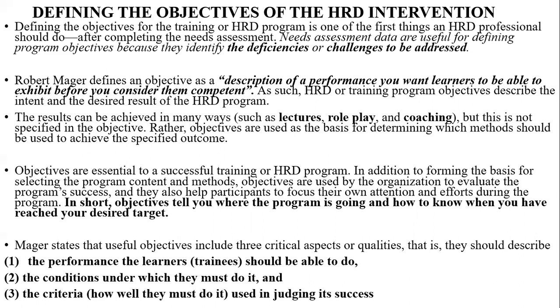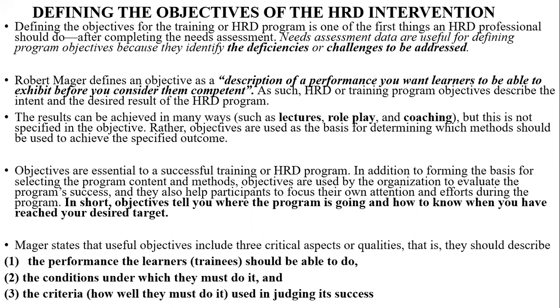This means that the objective must be properly stated so that at the end of the program, it can be evaluated accordingly. So in short, objectives tell where the program is going and how you know that you have arrived or reached your desired target.